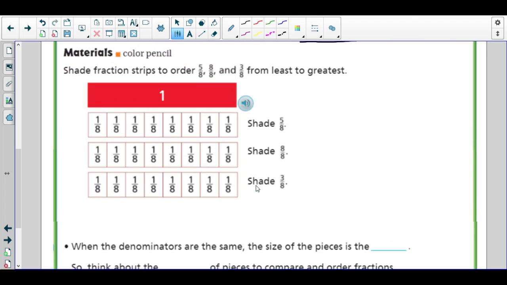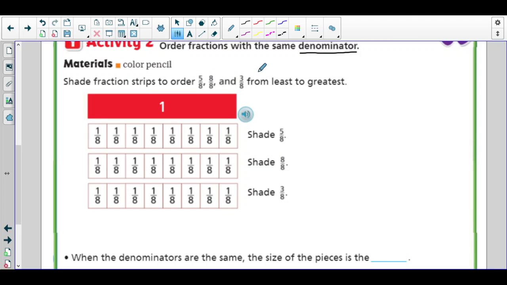All right, so shade fraction strips to order 5/8, 8/8, and 3/8. So we'll go ahead and get 5/8 right here. So there's 1, 2, 3, 4, 5/8. Get that one filled in.